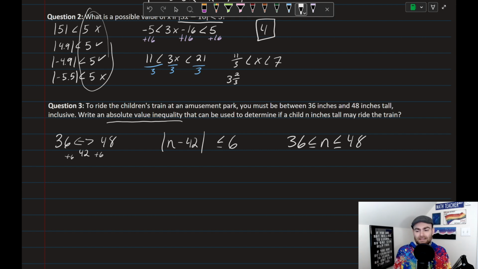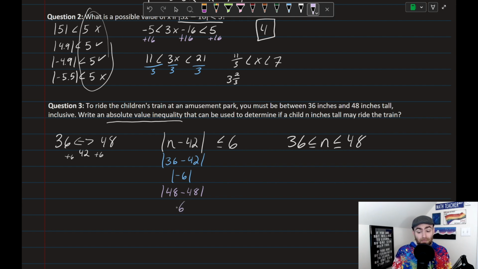Why does that make sense? Well, let's say that we have a kid who is 36 inches tall. We would do 36 minus 42 in absolute value. That would be -6 in an absolute value, which works. Or conversely, if we had a 48-inch tall child, we can set up that absolute value.